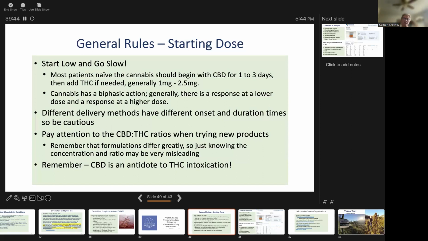The route of administration will also have an impact based on whether there's first-pass metabolism or not.